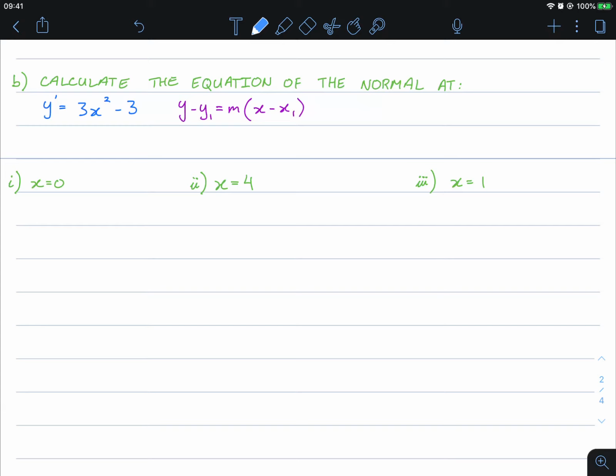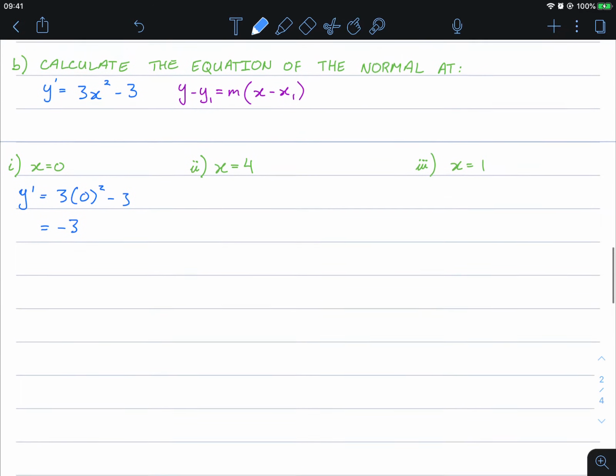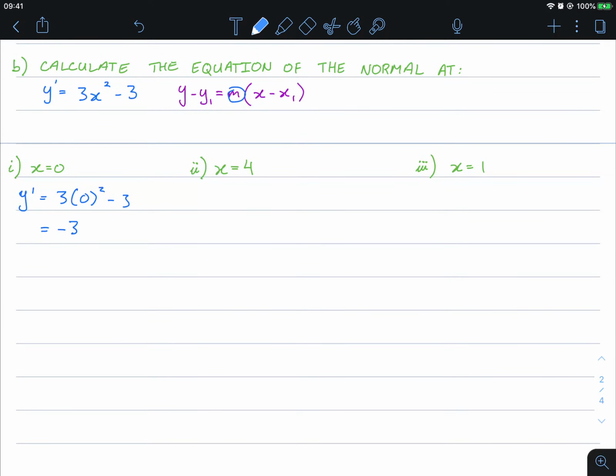For this, let's find the gradient at x equals 0. Substituting this into the value, y prime equals -3 times 0 squared minus 3. So the gradient at this point is just -3. Here's where it changes a little bit.